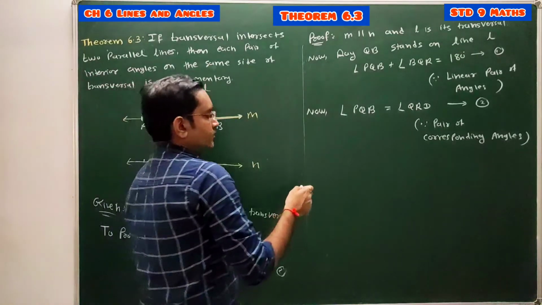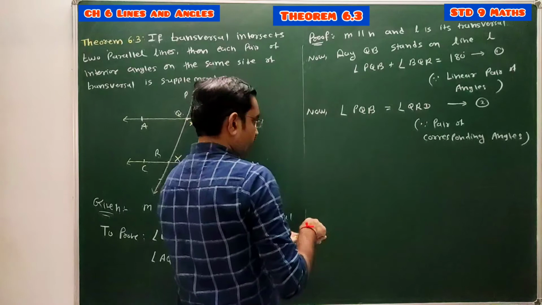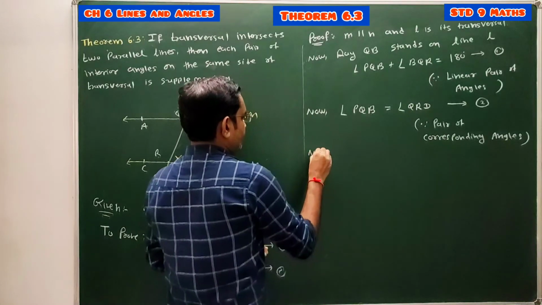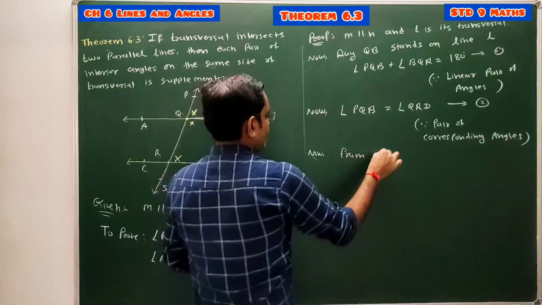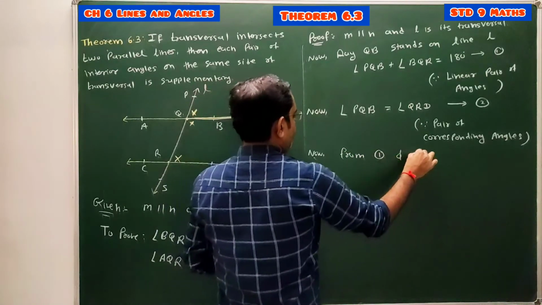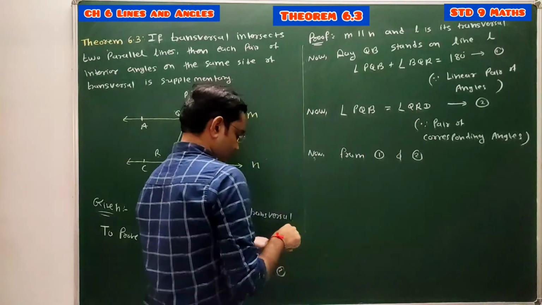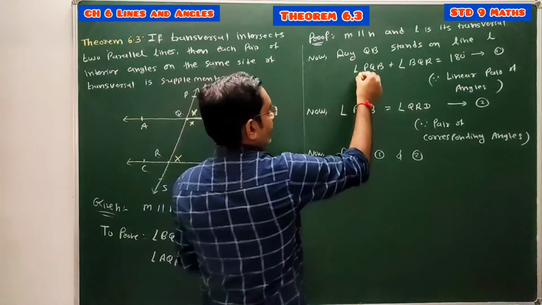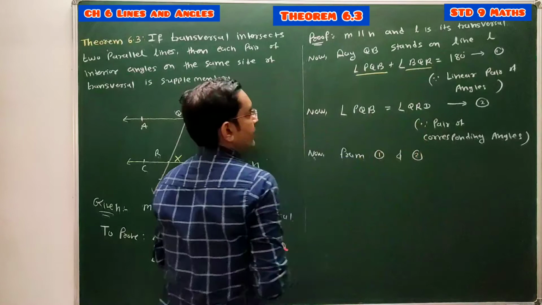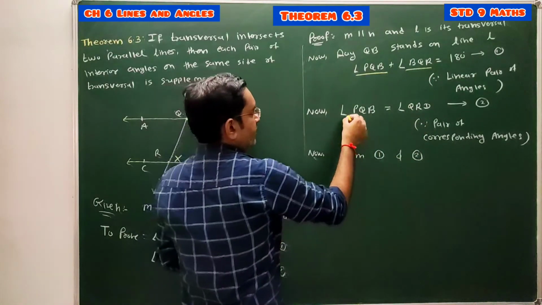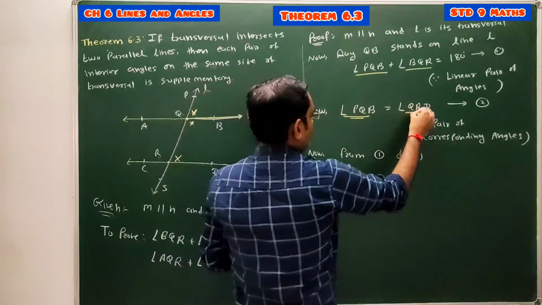So now from result number 1 and result number 2. Result number 1 says the sum of the measure of angle PQB and BQR is 180 degrees, and result 2 says that PQB is equal to QRD.